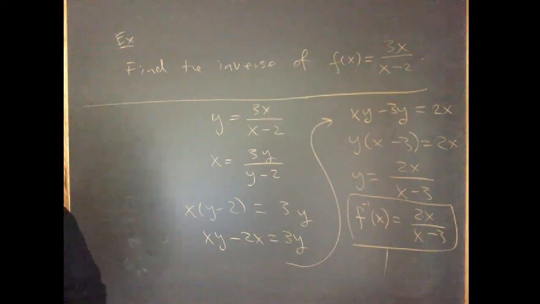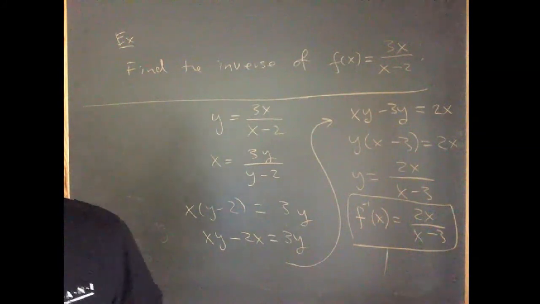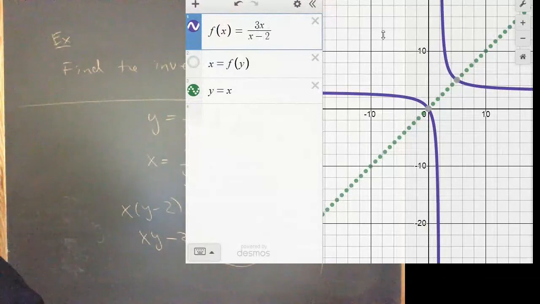Okay, so let's come back to Desmos really quick and see what that looks like graphically. Remember, here was our function in purple, and we wanted to get an equation for this thing in blue. So that's what happens when we swap the two of them.